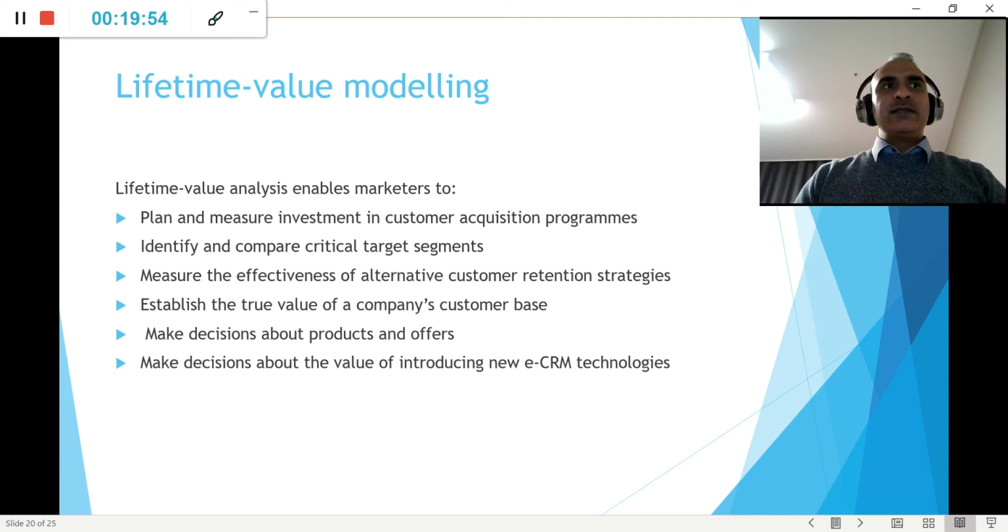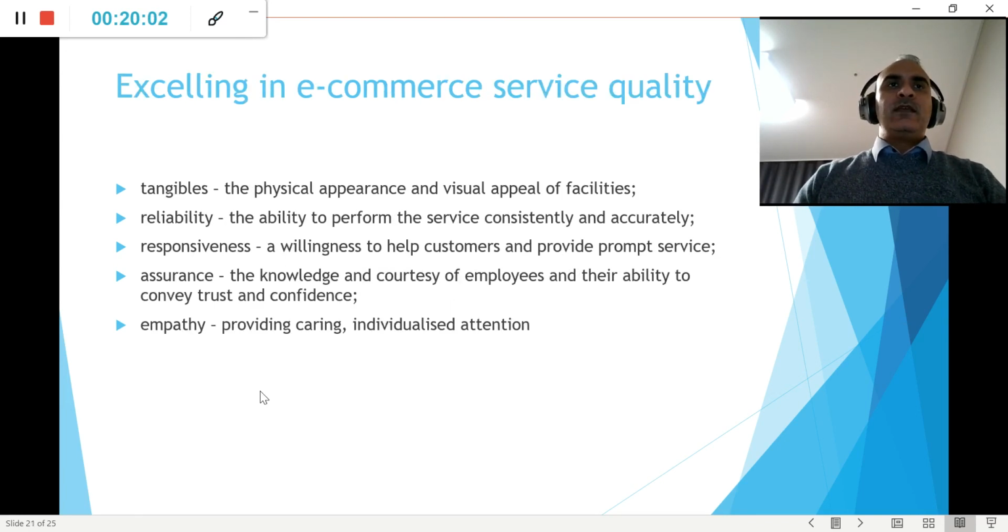So how much we're spending so that they stay with us for a lifetime and they love us for a lifetime, right? And this is a very traditional thing of service quality in e-commerce, which is the tiers, no?